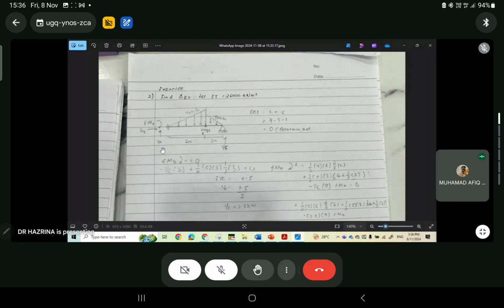That's why Afiq used method 2 moment 1 force. Like that. Method 2 moment 1 force. What does that mean?